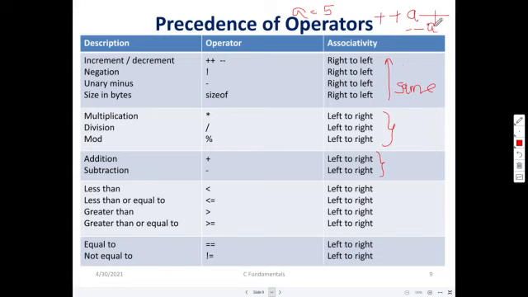So 5 plus 4, 9 will be the answer if it is assigned to b. So b will have 9 as a value, right? So this is called associativity. That is how I can explain the associativity, right? So this has the first priority. All these things have first priority.